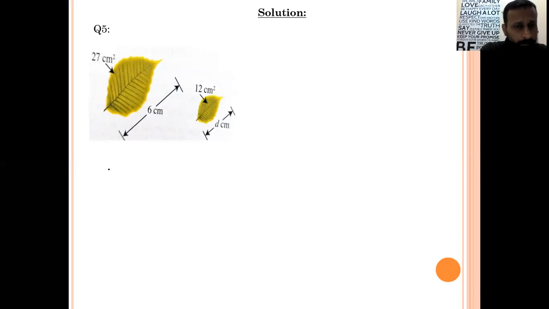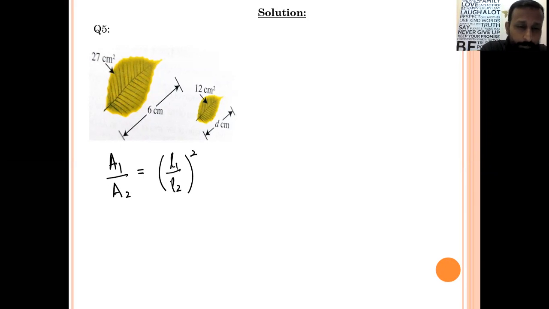So again, using the same formula, the ratio of areas is equal to the square of the ratio of their corresponding lengths of the similar figures. So the corresponding lengths will be L1 upon L2. So let's plug in these values.